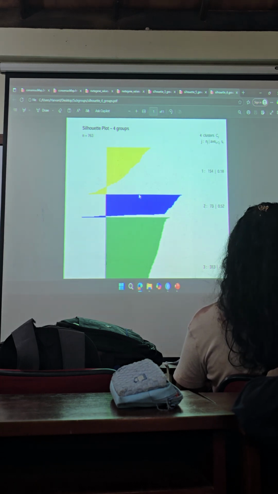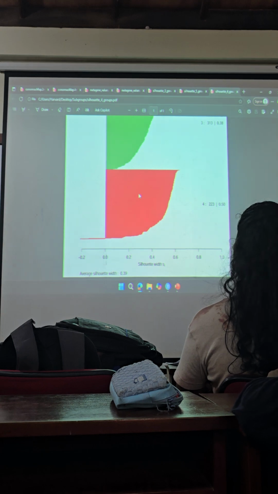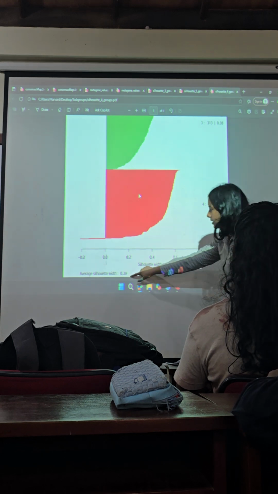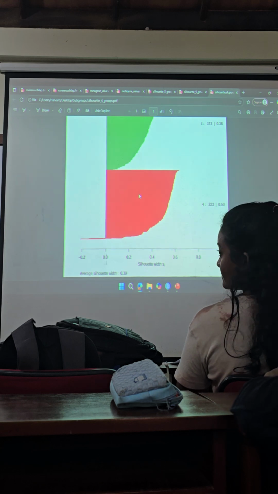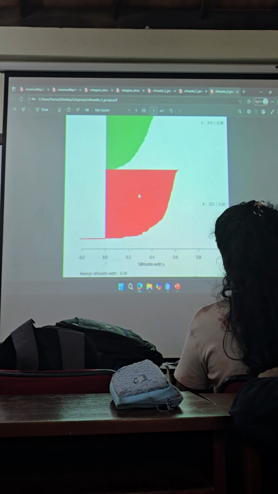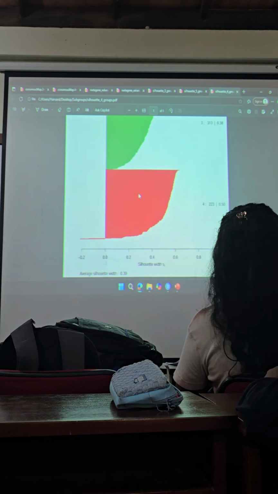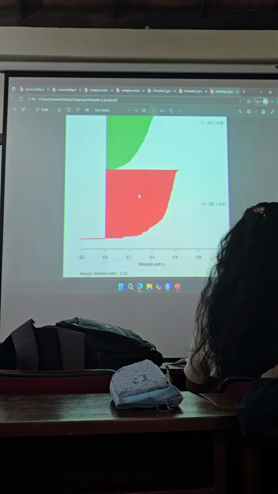So you check that, and then you have to check this value at the bottom. You have to compare that value amongst the subgroups, and then select the one that has the highest average silhouette.